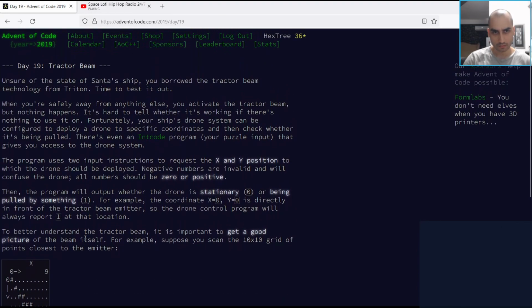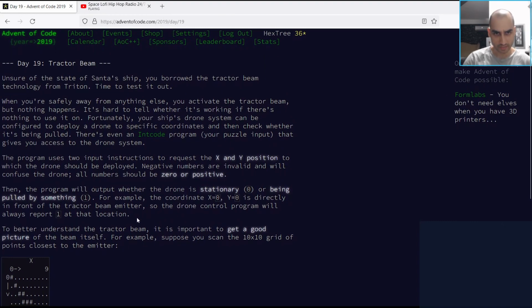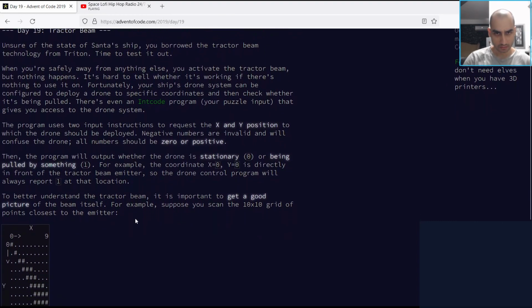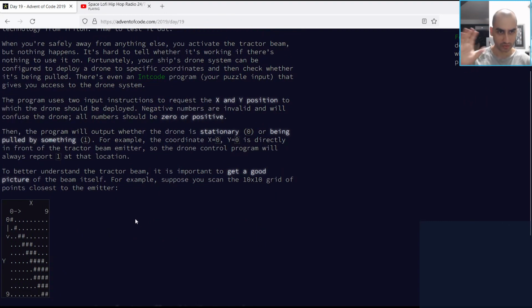So, we don't know where the emitter is, do we? Everything's in the positive quadrant. Oh. No, the emitter is at 0, 0. Or at least directly in front of the emitter.